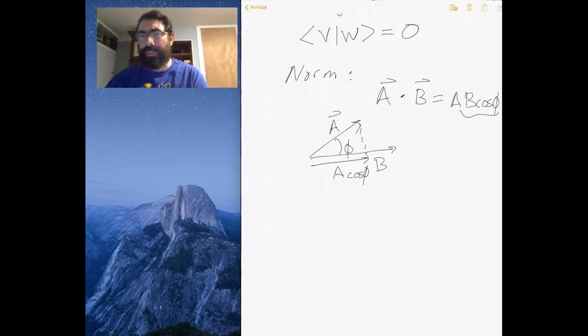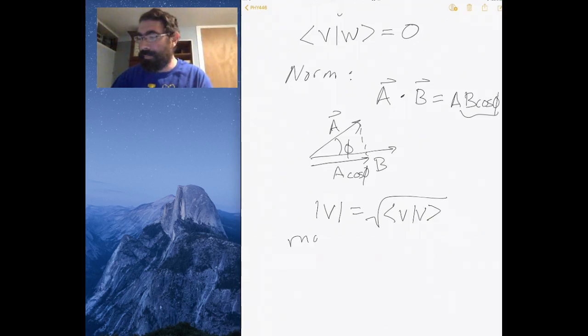Now the same should be true for vector spaces. We can find the magnitude, the length of this vector v, by taking the inner product of v on itself and then taking the square root of it. So this is the norm. The norm is finding the length of the vector by dotting it into itself and then taking the square root.